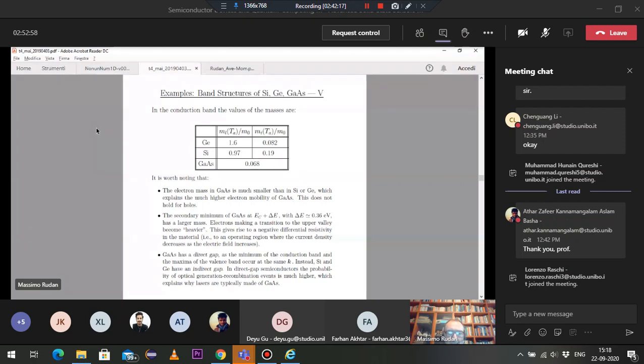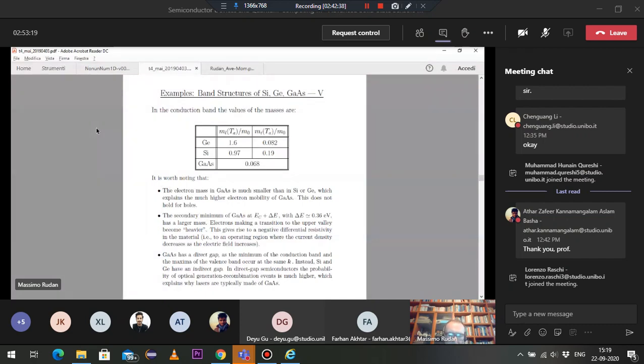We may get more current, or the switching of the device will be faster if the mass is smaller, okay? So we expect that gallium arsenide has better performances in terms of current and velocity.